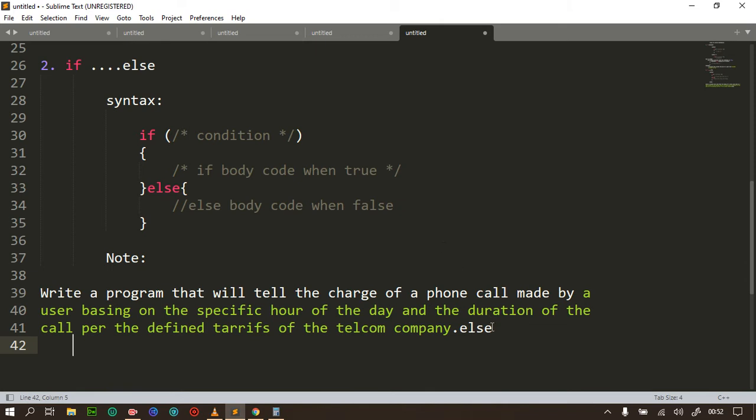So based on the question, we shall pick these details.